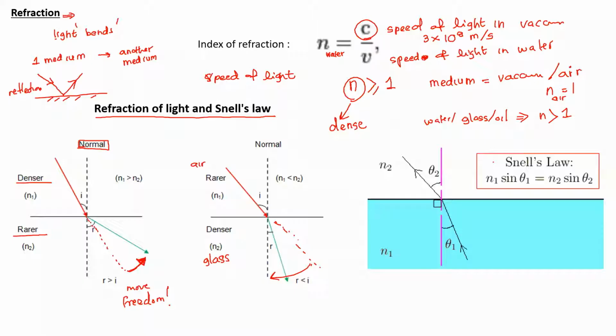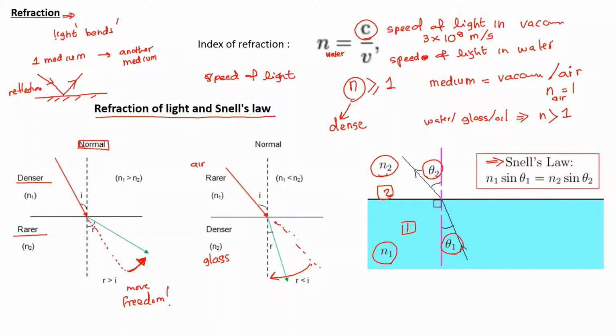It is called Snell's law. It is a very easy one. What it says is, when light travels from one medium to another, these angles and the refractive indexes are related by this equation. Here light travels from this medium to this one, right?